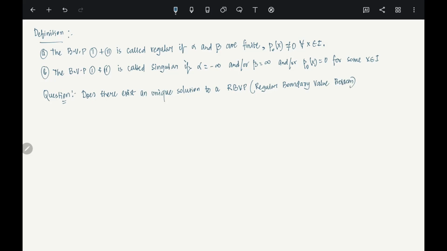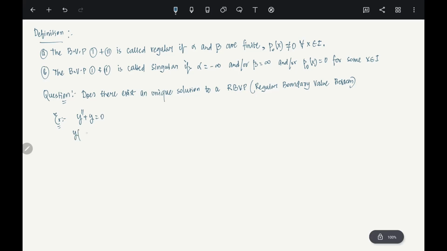Let's just explore this situation with some examples. So the first example is this. Let's consider our favorite equation, y double prime plus y equals 0, and let's put some data on it.